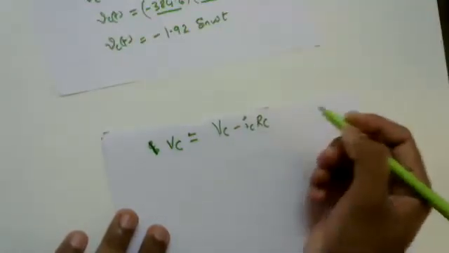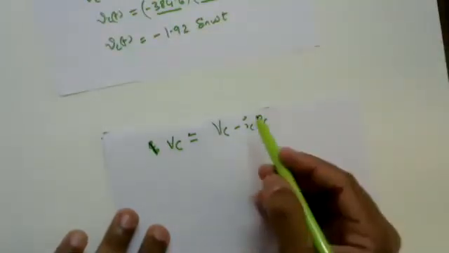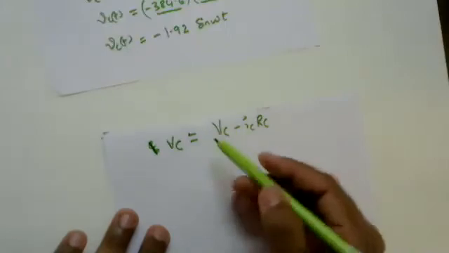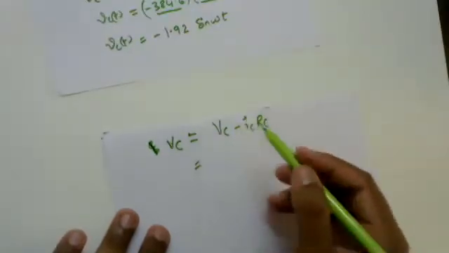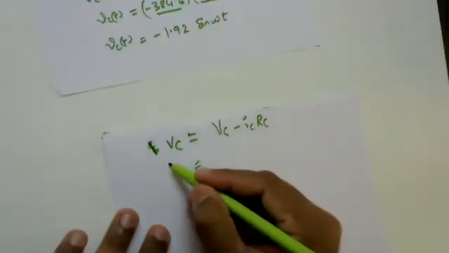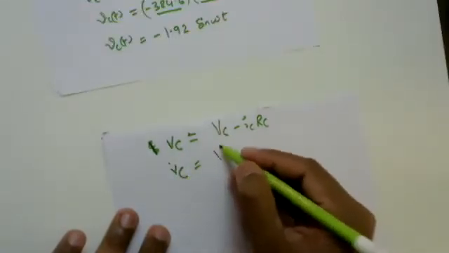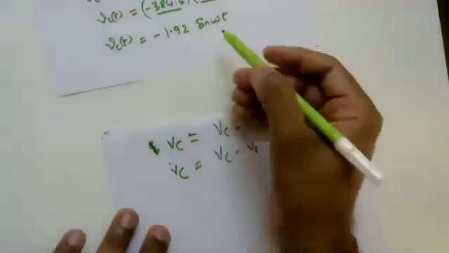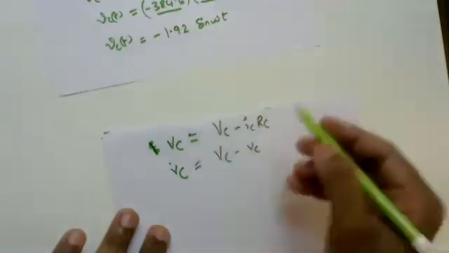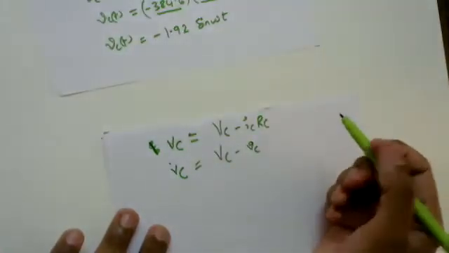How is this DC drop given? I can write this as small v into capital C is equal to VC minus small vc. This small vc is what I computed here. I'll write a small v like this so that you do not get confused.